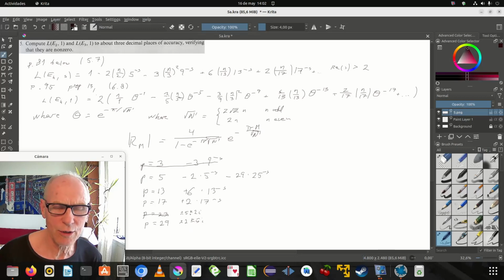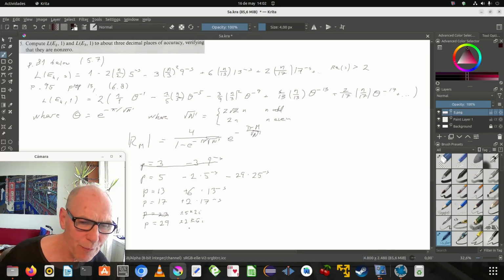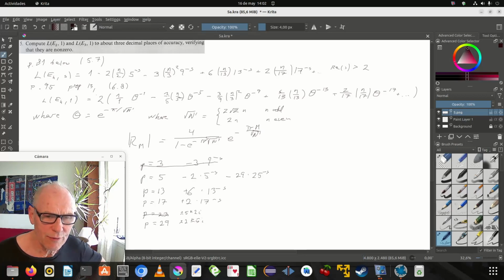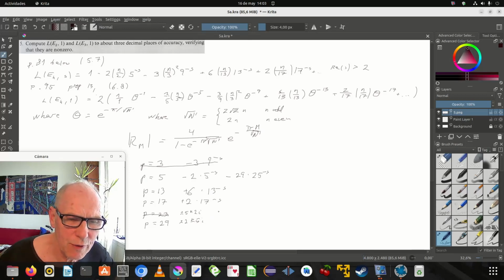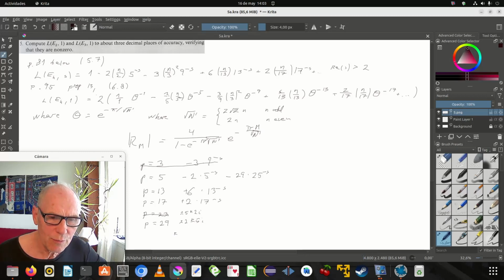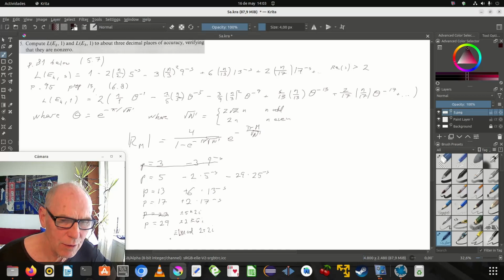Oh, that's the prime ideals dividing it. So we need to find one which is equivalent to, now what should it be equivalent to? I think it should be equivalent to 1 modulo 2 plus 2i. We'll just need to check that.